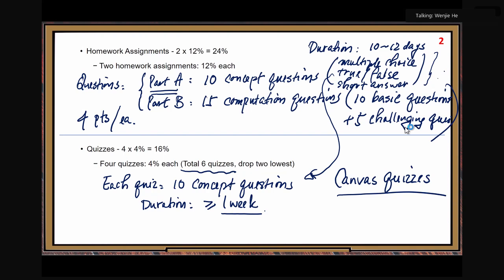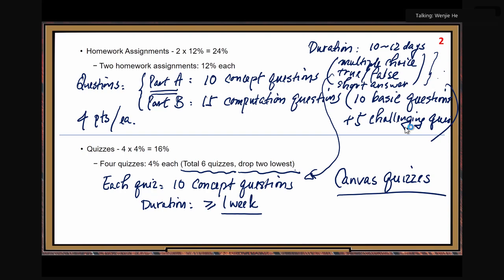That's the 6 quizzes. And then, when I calculate your overall grades, I will drop the 2 lowest quiz grades. I only take your top 4 quiz grades to calculate.